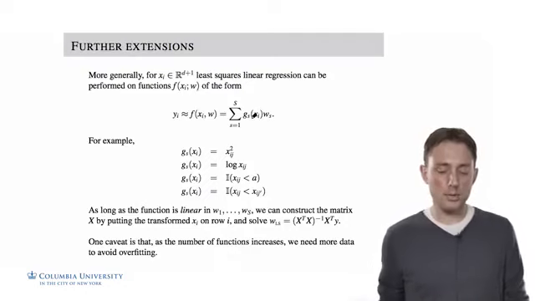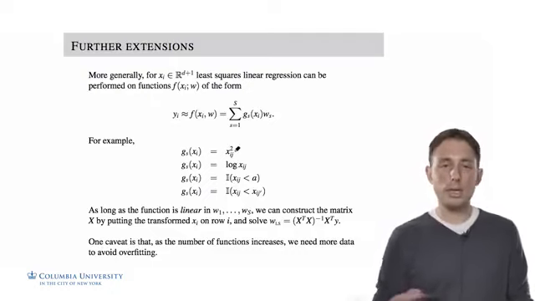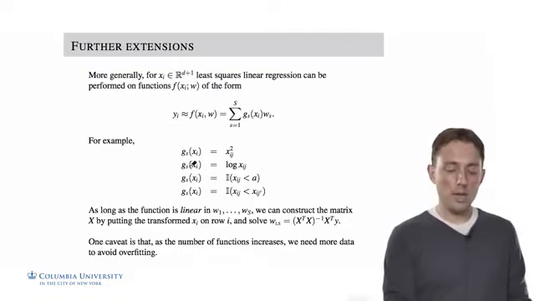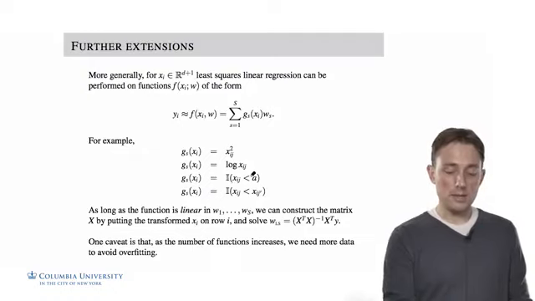But there are more examples. So for example, we can define the sth function to be the square of the jth dimension, which is related to the polynomial regression that we've been discussing. We can define a function to be a log of the input of a particular dimension. We can do something that's not a continuous function.